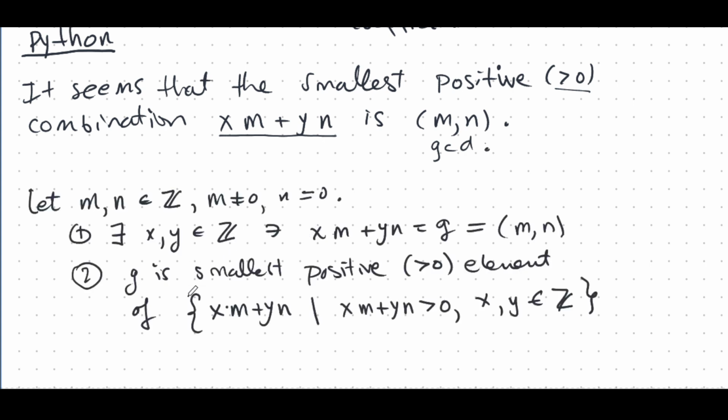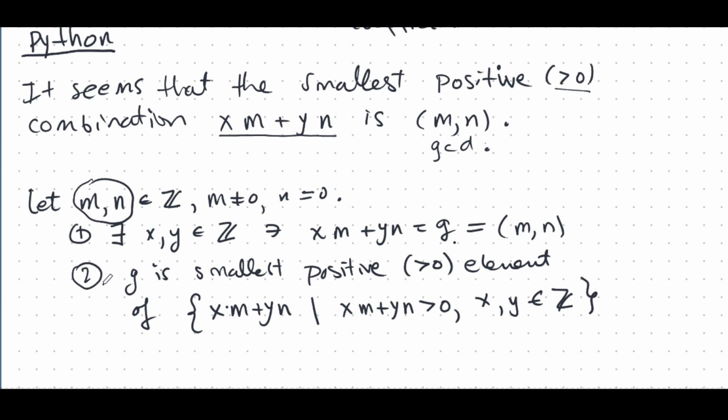And so here is the statement of Bezout's lemma. We take any non-zero integers m and n. The first point is that there exist some integers x and y such that this linear combination is the GCD. We can call it G.